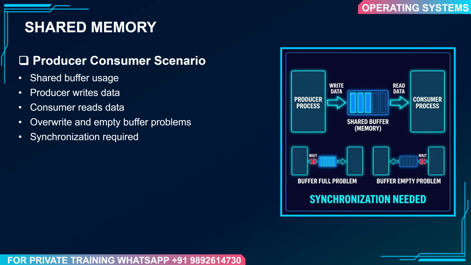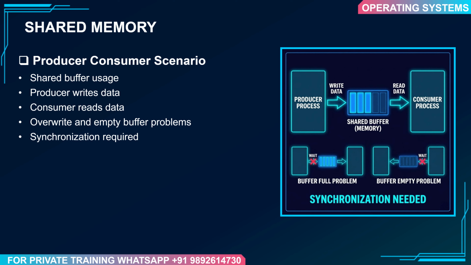Let us look at a classic example that connects shared memory with synchronization. Consider the producer-consumer scenario. One process is the producer. It generates data. Another process is the consumer. It uses that data. They both use a shared buffer in memory. The producer writes data into the buffer and the consumer reads from it.